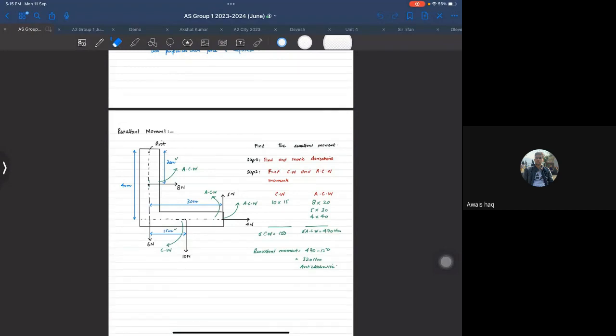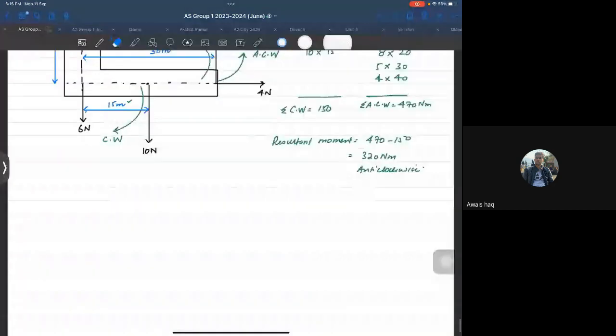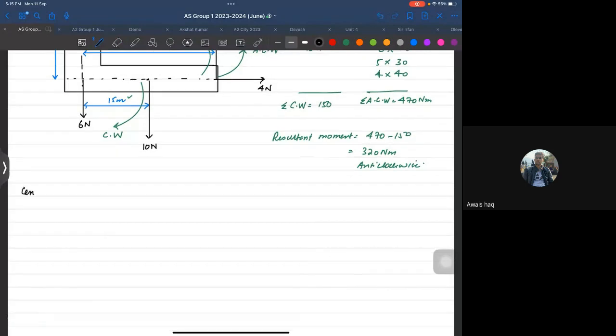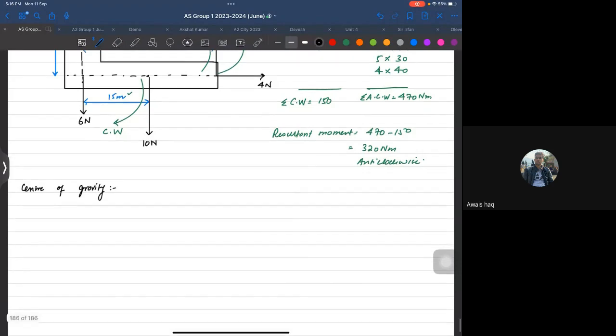So the next we're gonna do a definition of two things that you're more interested in knowing, and that would be the center of gravity and the center of mass.